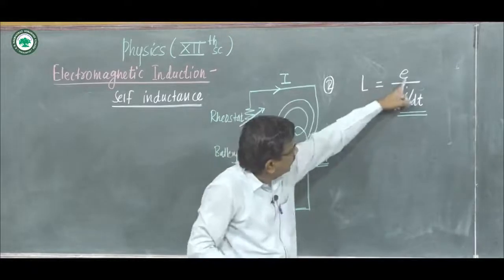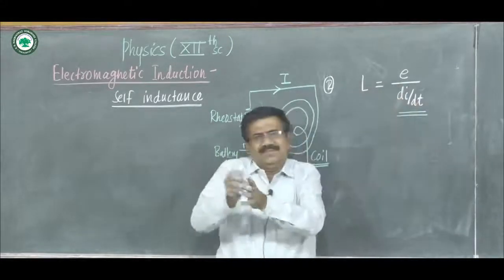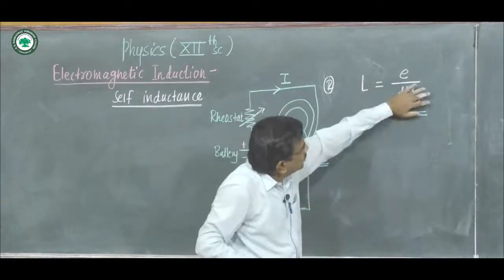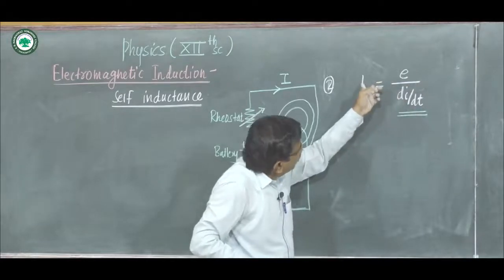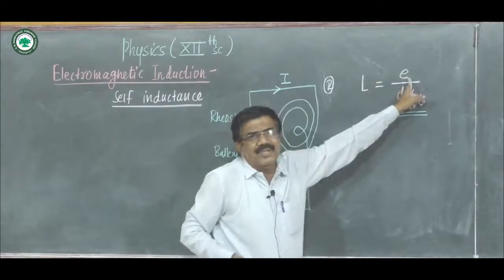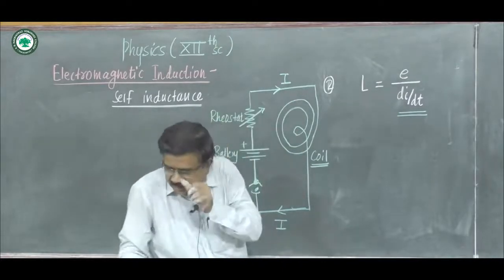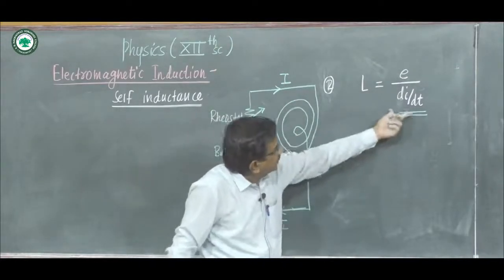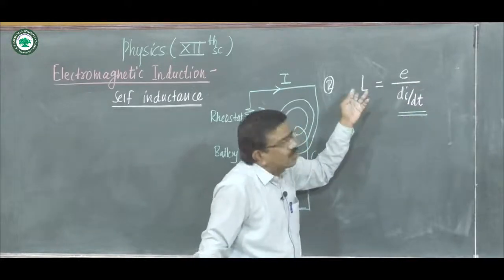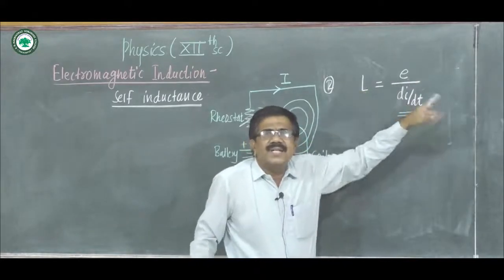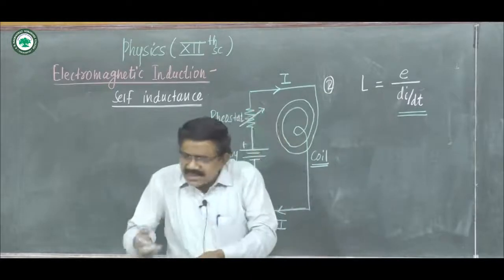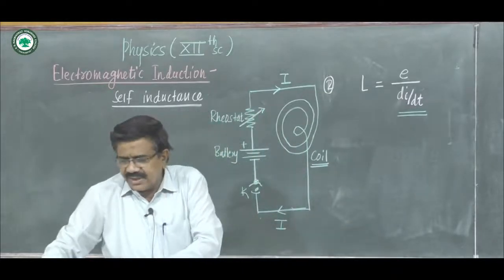This L is equal to E if di upon dt is 1. If this is unit, then the self-inductance is the EMF. So the induced EMF produced around the circuit per unit rate of change of current in the circuit is called self-inductance. This is the second definition of self-inductance.